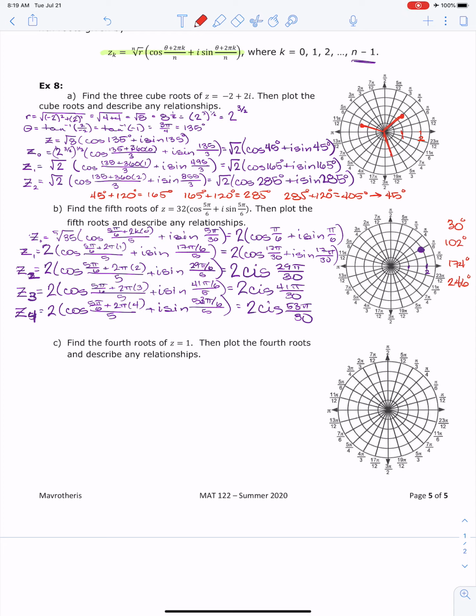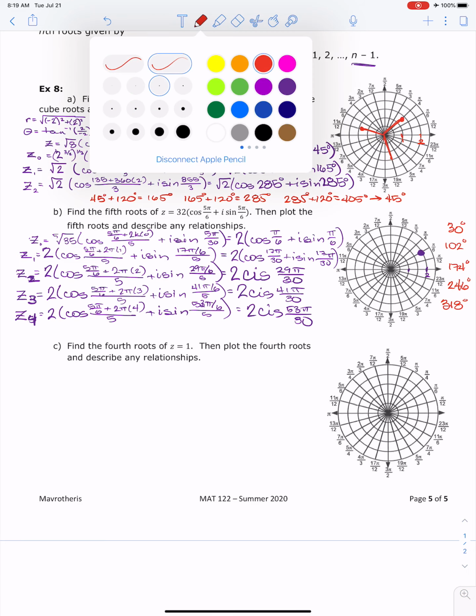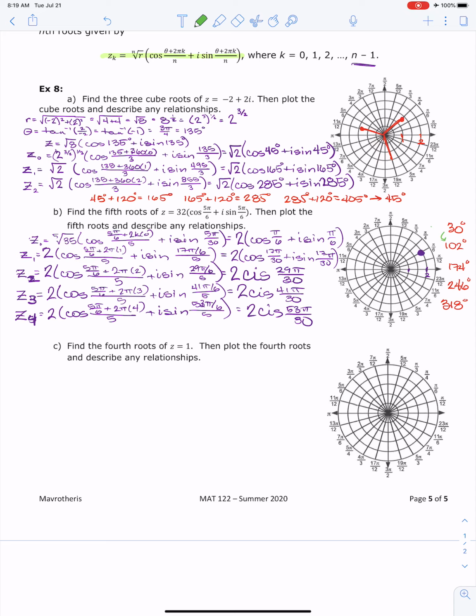And 53 pi over 30 is 318 degrees. All of these are 72 degrees apart, because 360 divided by 5 is 72.